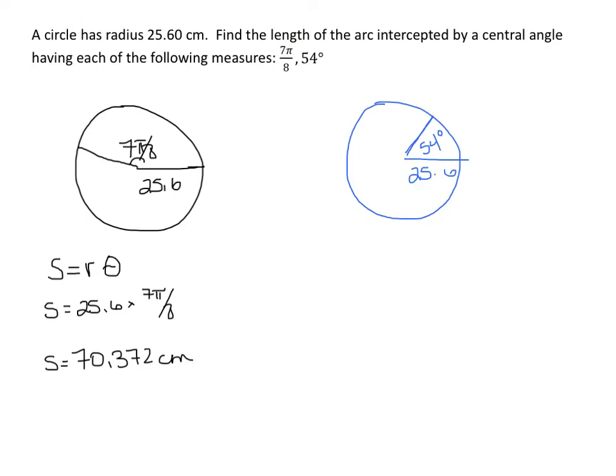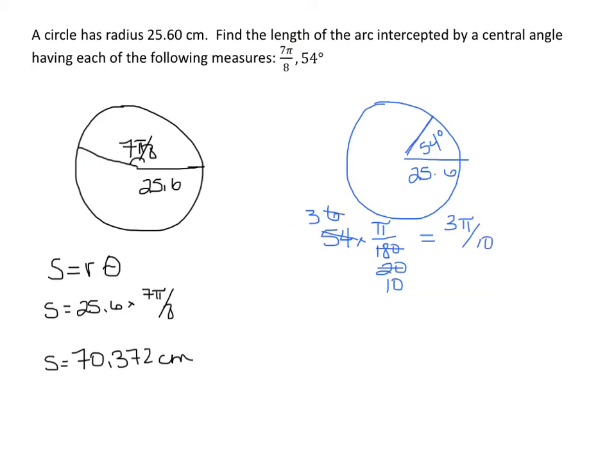So the first thing I have to do is convert to radians. Nine goes into this 6 times and 20 times. 2 goes into this 3 times and 10 times. So in radians, this is 3 pi over 10.